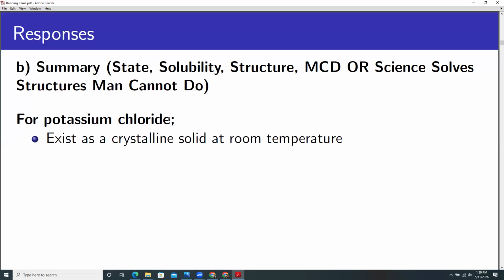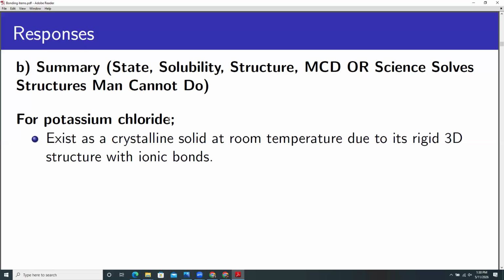If you say that it exists as a crystalline solid at room temperature, what is the reason for the giant ionic structure to exist as a solid at room temperature? Why? Because of its rigid three-dimensional structure with ionic bonds.